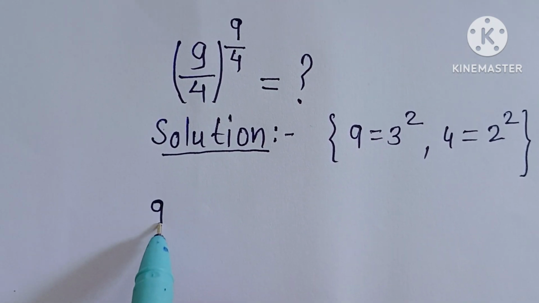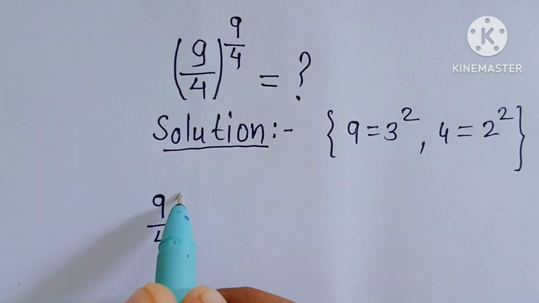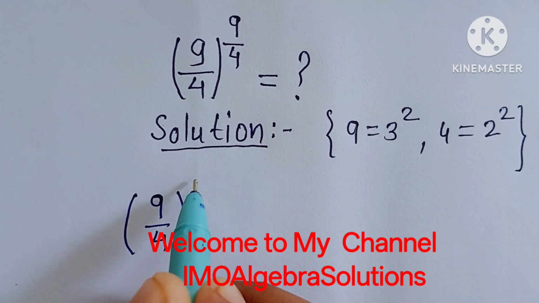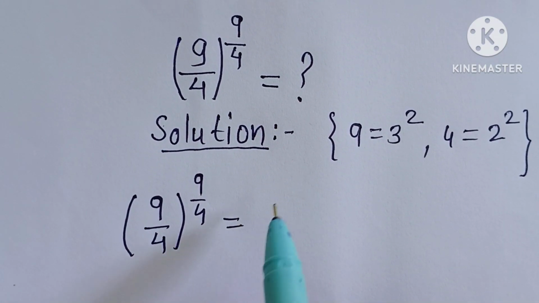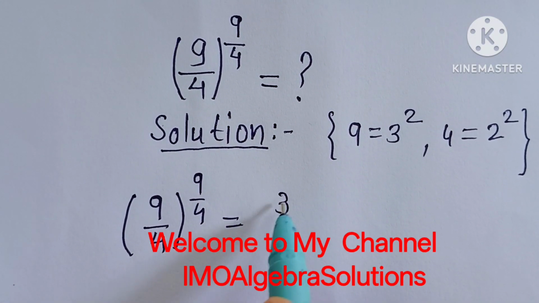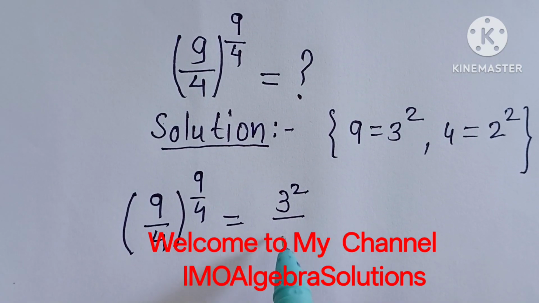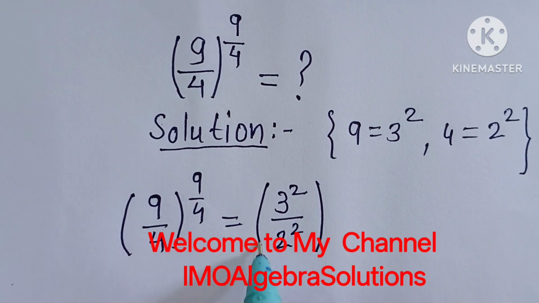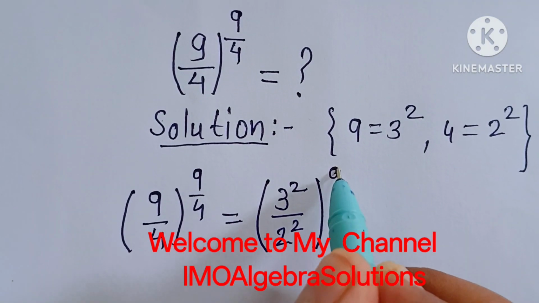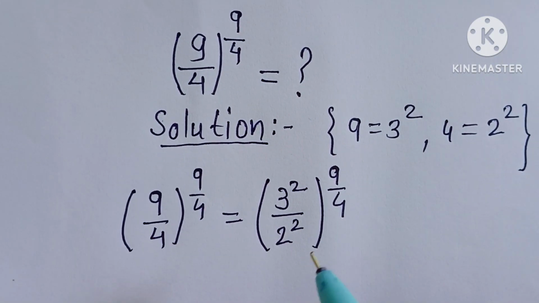So (9/4) raised to the power 9/4 equals 3 square by 2 square raised to the power 9/4.